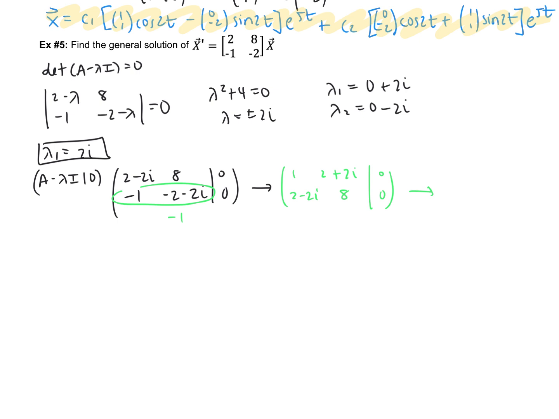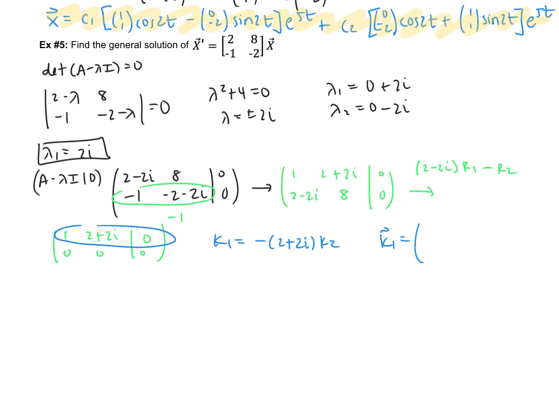If we take 2 subtract 2i and multiply it by row 1, and then subtract row 2, you can verify it, but I'm just going to tell you that in row 2 you're going to get zeros. And the top row stays the same. Reading this top row, we know that K1 is negative 2 add 2i times K2.